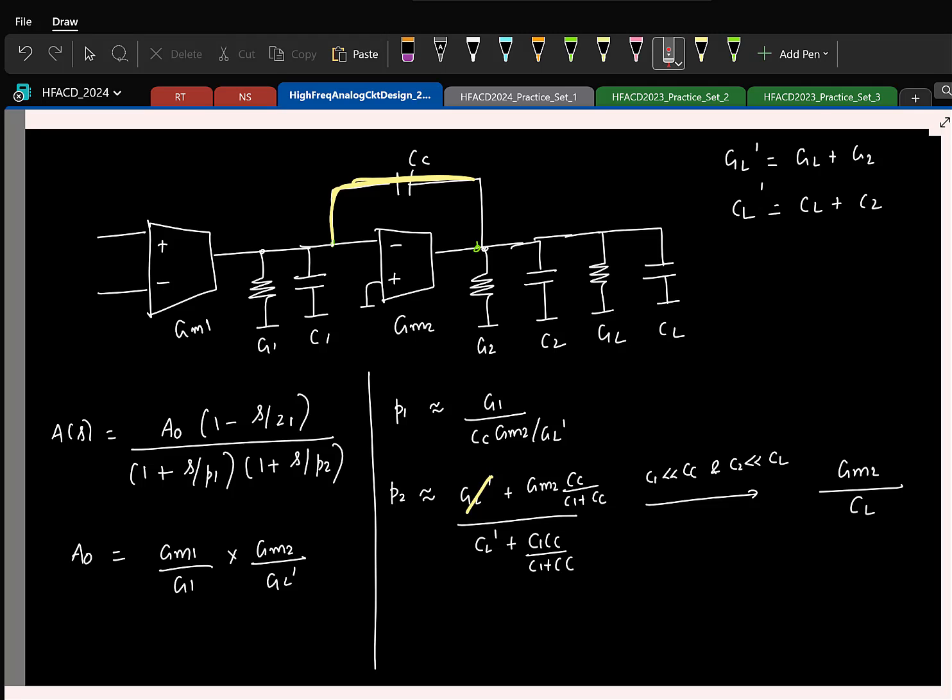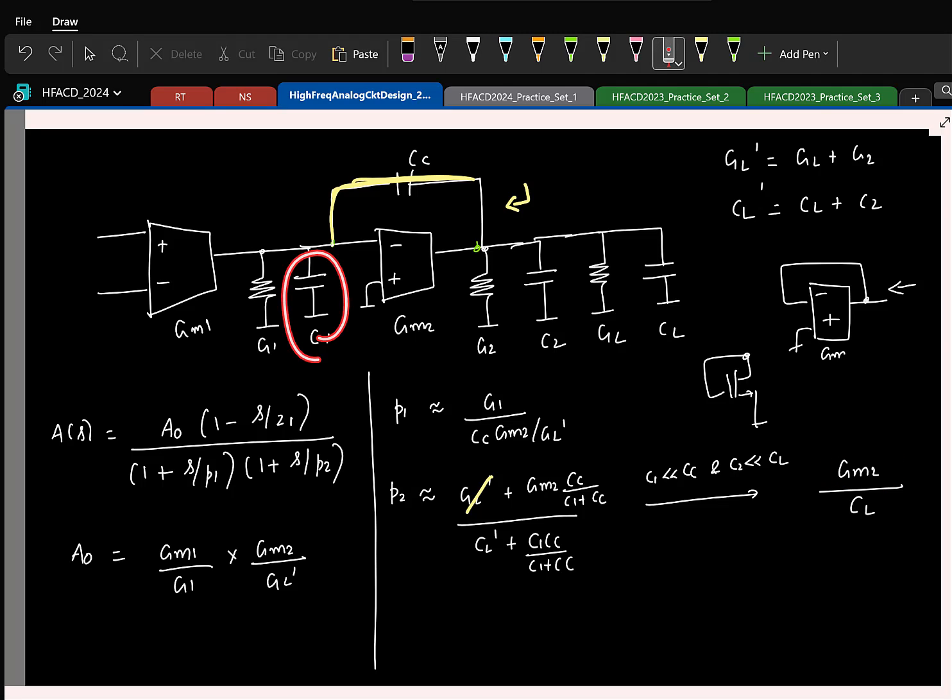So in this case, what is the looking in resistance? If I have something like this, what is the resistance looking here if this is GM? This is basically the same as your MOS transistor whose gate and drain are connected. So the resistance is 1 by Gm, and that's why you also have the conductance as Gm2 here.